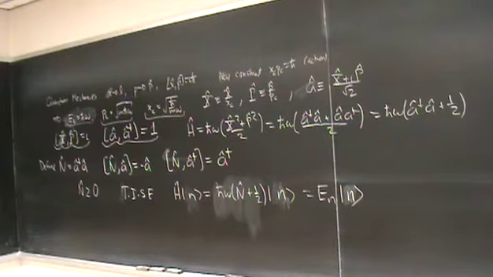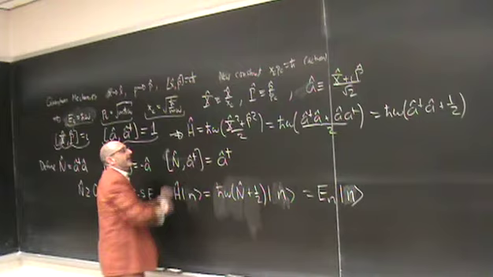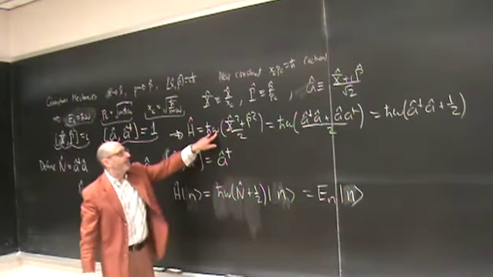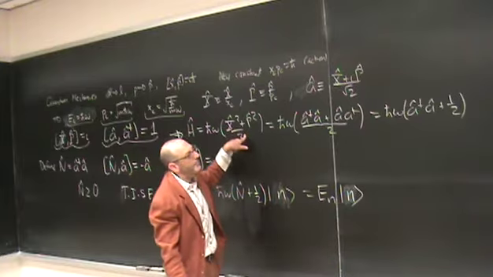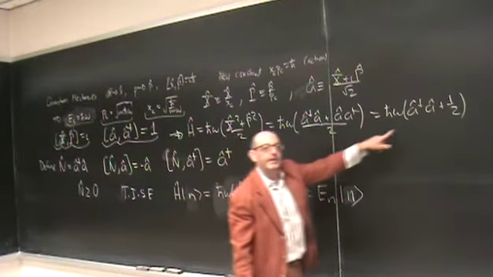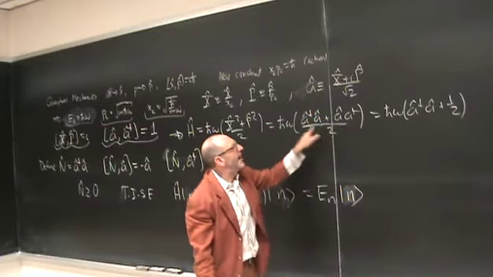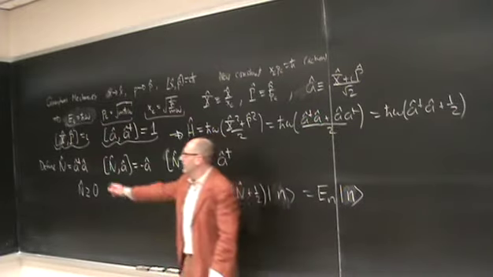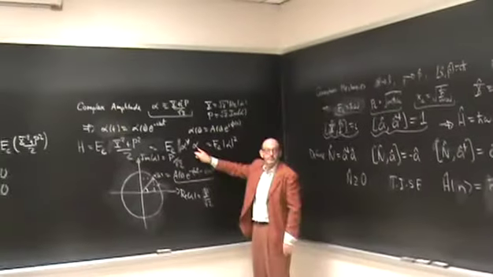Okay, so expressed in terms of those dimensionless variables, our Hamiltonian, here's our characteristic energy scale, x and p, or in terms of the complex amplitudes, looks like this. Okay, the point is that because A and A dagger don't commute, we have a symmetrized form of what was here. All right?